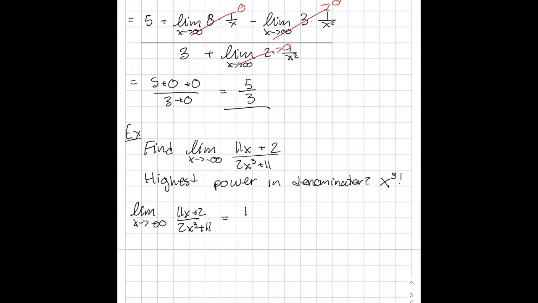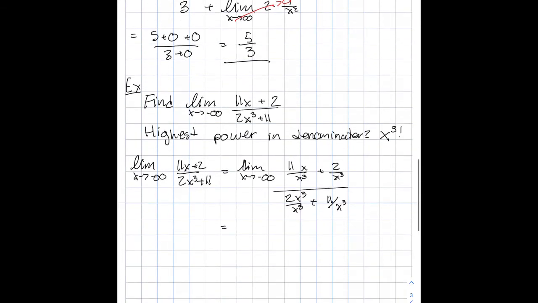So I'm going to write still the limit as x goes to negative infinity. 11x divided by x cubed plus 2 over x cubed, over 2x cubed divided by x cubed plus 11 over x cubed.